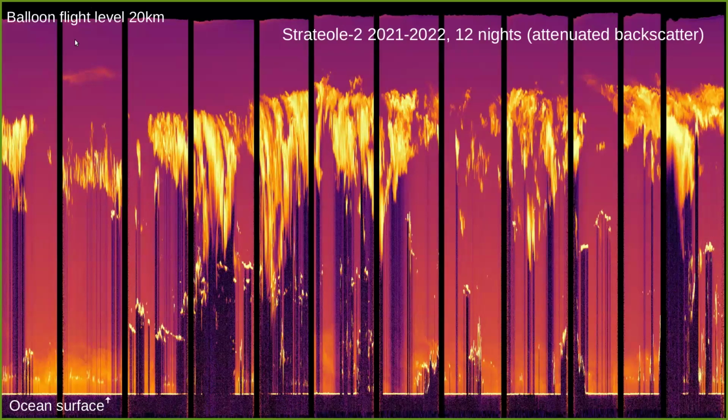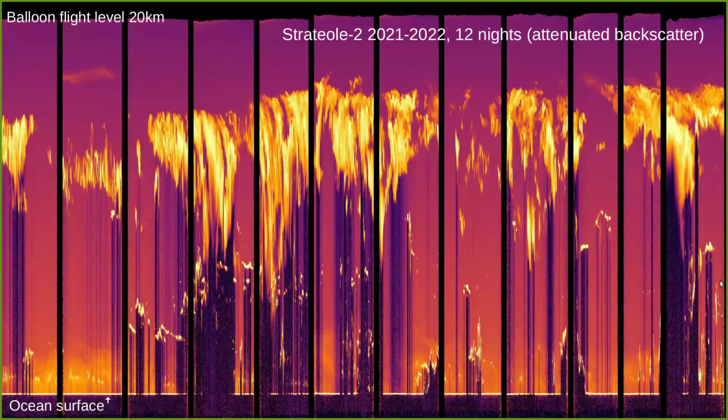It's flying on top of the picture at about 20 kilometers, and we can see the ocean surface at the bottom of the picture and the different types of clouds that are overflown by the balloon. Here is an example of a nice thin cirrus very high in the TTL. And we also see a bunch of details, for example, in the maritime boundary layer.